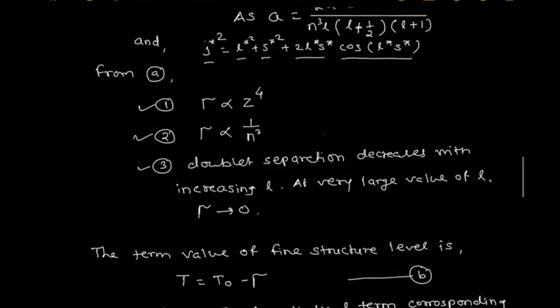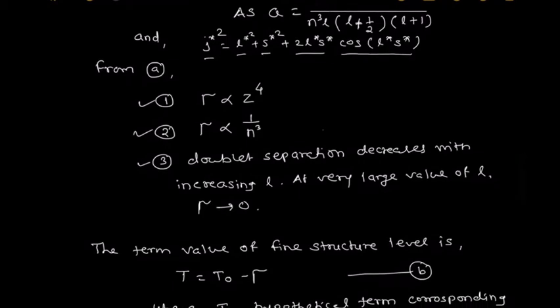Now, we find what is the term value of the fine structure level. The complete term value means the doublet P term or the doublet D term or the doublet F term. That term is separated into two terms, one a lower state, the other a higher state, from a given hypothetical center of gravity of the doublet fine structure T0.